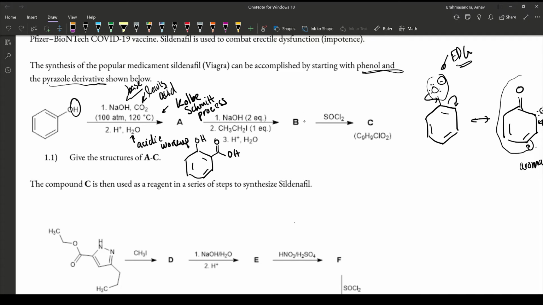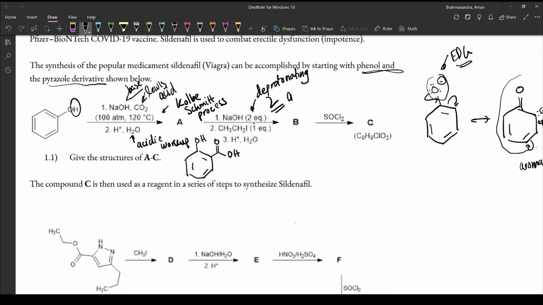So now let's look at the second reaction to get B. We can see that first we add 2 equivalents of NaOH. And note that the number of equivalents is really important. 2 equivalents of NaOH means we're deprotonating something twice. We're deprotonating 2 acidic protons.